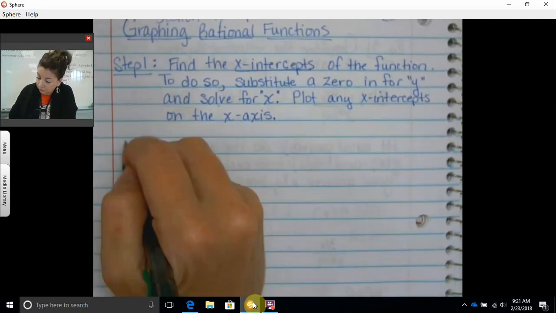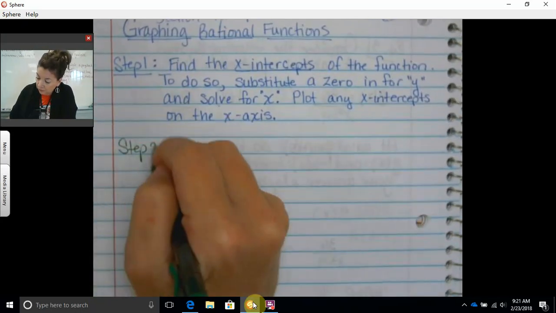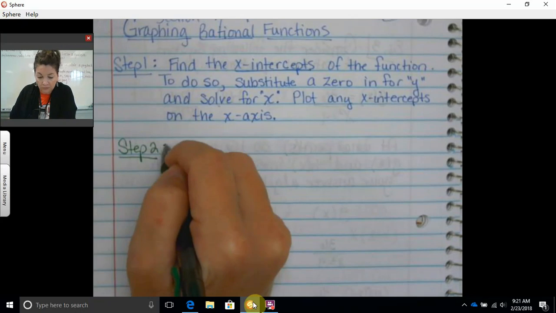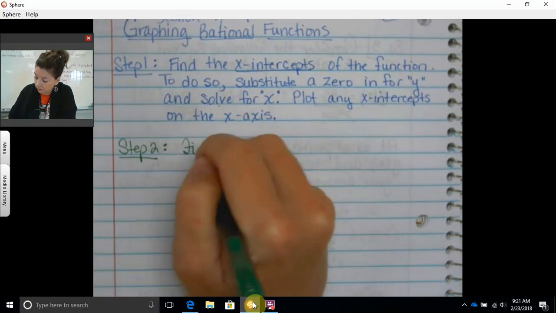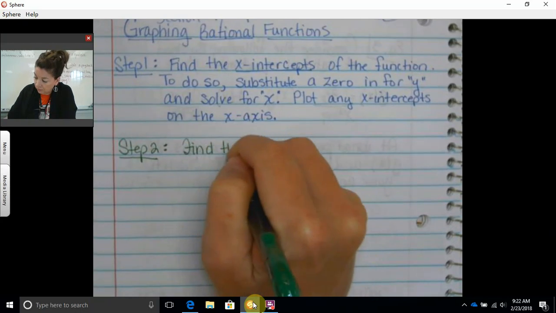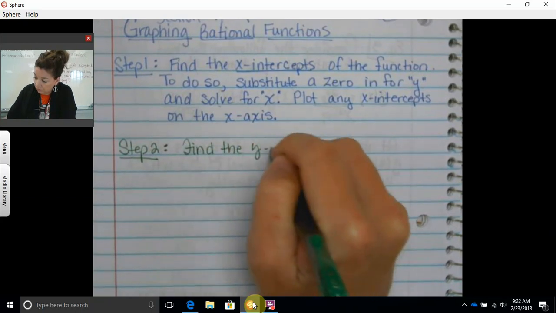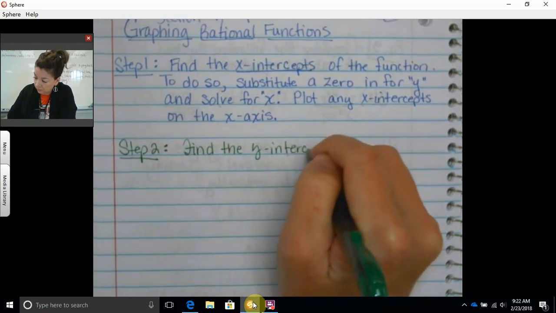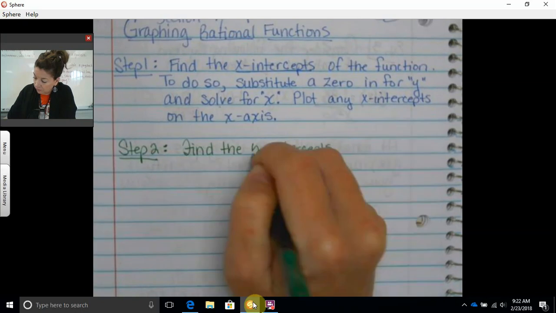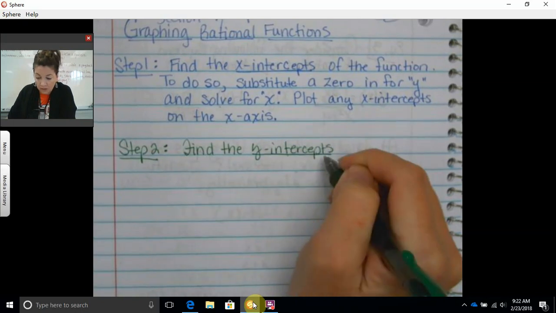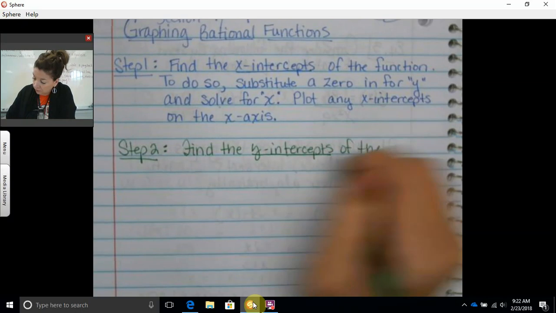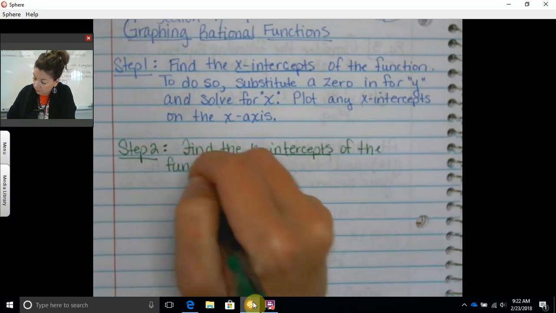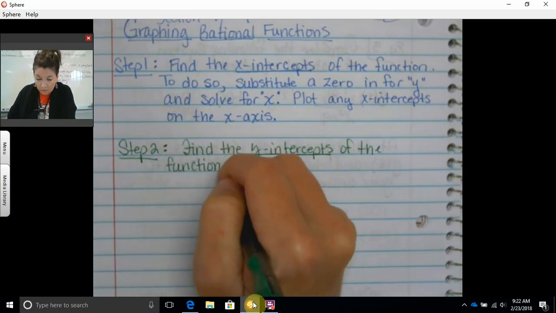Step 2. Find the y-intercepts of the function. Period.